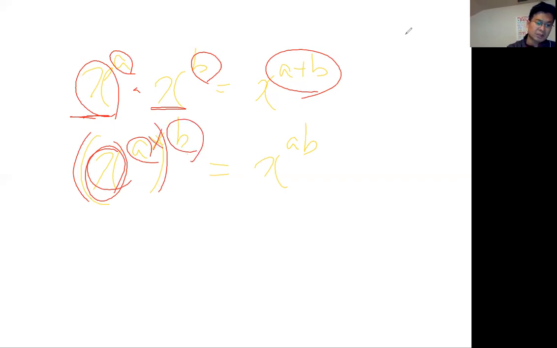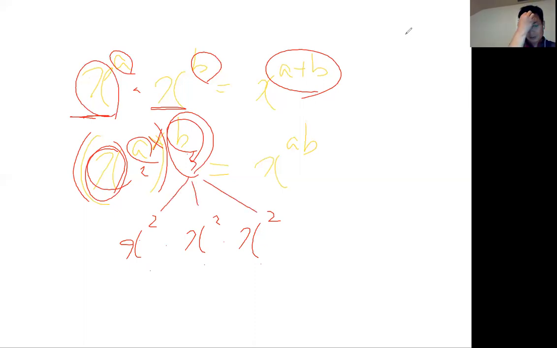Let's say this is 2 and 3. So we have x squared, cubed. Then we have a total of 6, and you can simply put 2 times 3, which is 6.